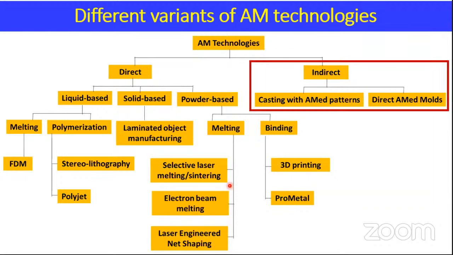And the other interesting domain where this indirect AM technology is gaining more importance is casting with AM patterns, which we can do, and the direct AM molds. We will look at how the part can be manufactured through these indirect AM technologies as we move forward, right?